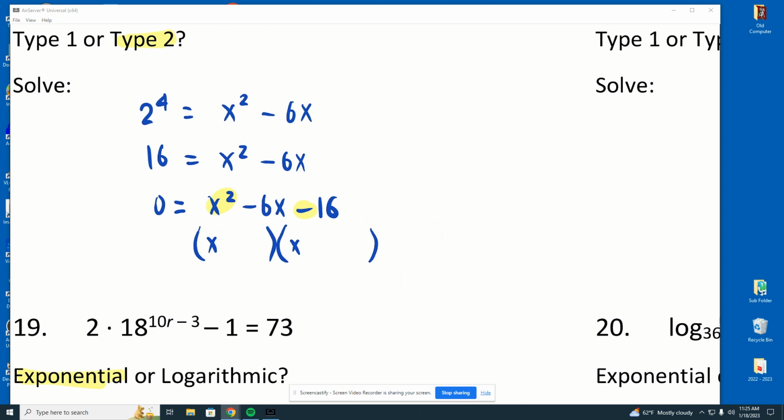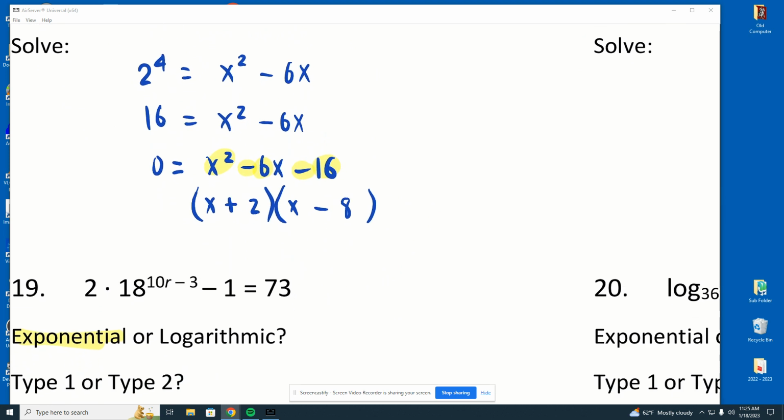To multiply to get negative, you've got a positive and a negative. So we're looking for two numbers that multiply to get 16, but have a difference of 6. So that's 8 and 2. Since negative dominates the middle, negative has to go with my bigger factor, so that's the 8. And then 2 has to be positive.